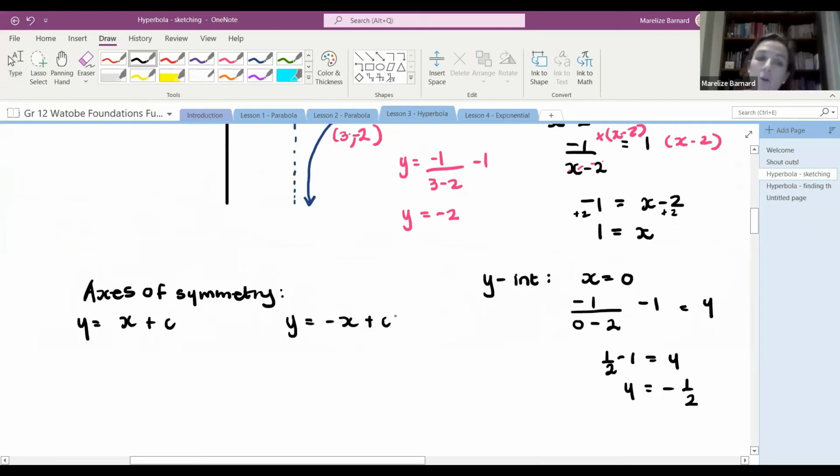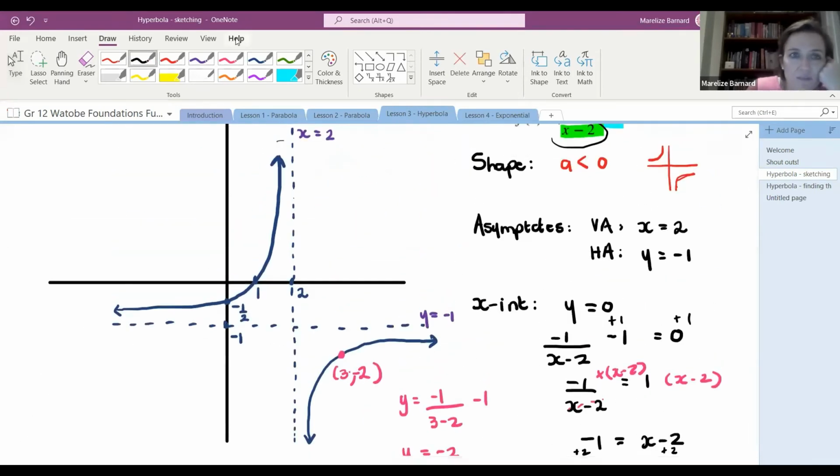Now, how are we going to find out what c is? We do that by subbing in the point where the asymptotes cross. So if you look at this point here, let me make it a different color. What are the coordinates of that point?